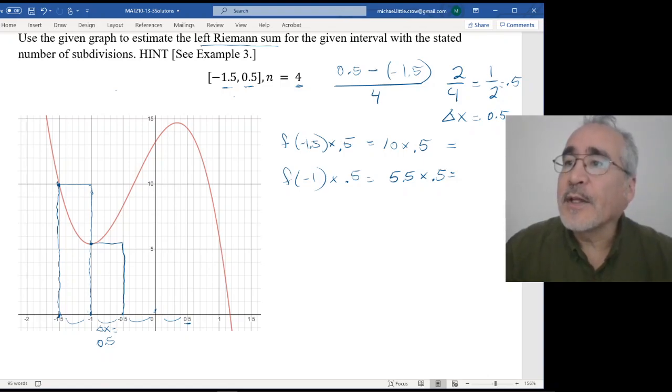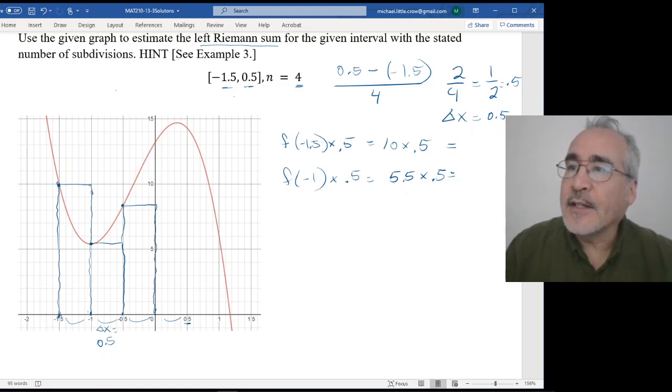Now for this next one, we come up to about here. We go straight over. And again, we've got this rectangle here. And we'll go straight up. So we're just making these, and this is just, remember, giving us an estimate.